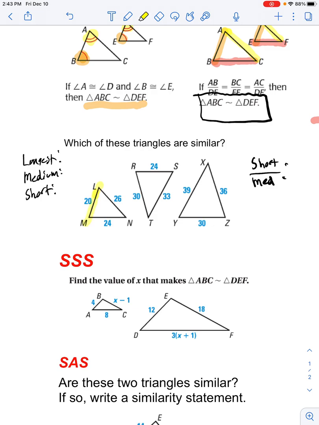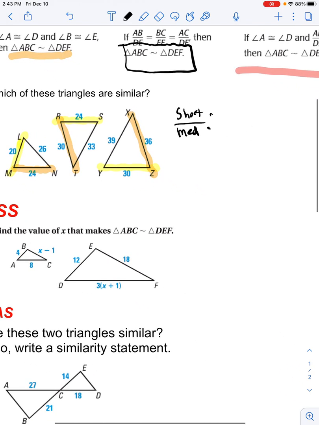My shortest side in my smallest triangle is LM, then RS, and then YZ. And my medium side on these triangles is MN, RT, and XZ.